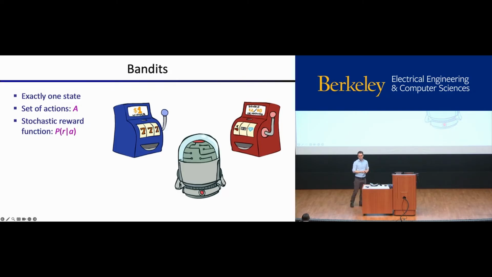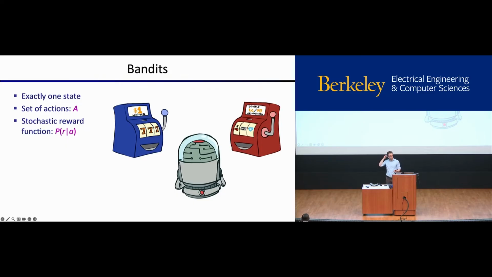Okay? So that's the big difference between bandits and MDPs. Bandits are just MDPs with a single state. You have the same set of actions in every state because there's only one state, and it's the set of actions, A. The only real difference is that in bandits we have this stochastic reward function. You pull an arm and it might give you a good reward, or it might give you a bad reward.